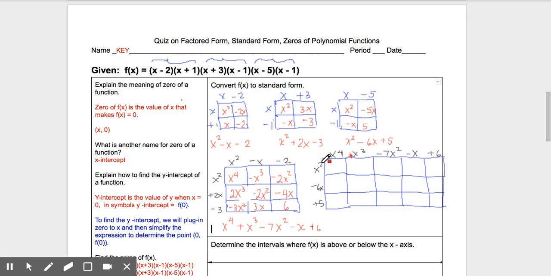So length times width. So x squared times x to the fourth is x to the sixth. X squared times x cubed is x to the fifth. X squared times negative 7x squared is negative 7x to the fourth.